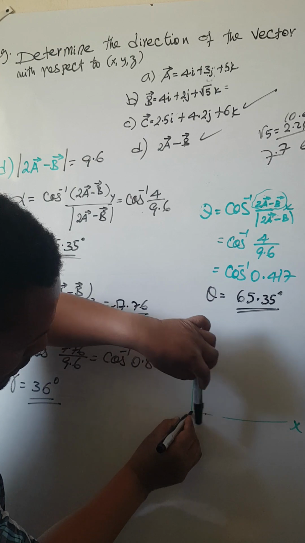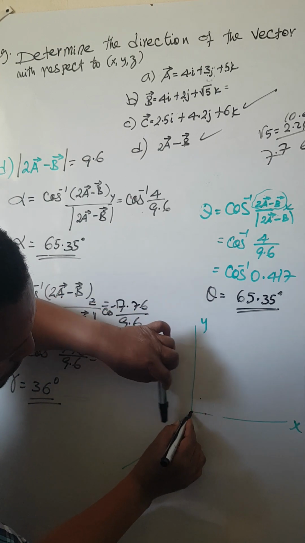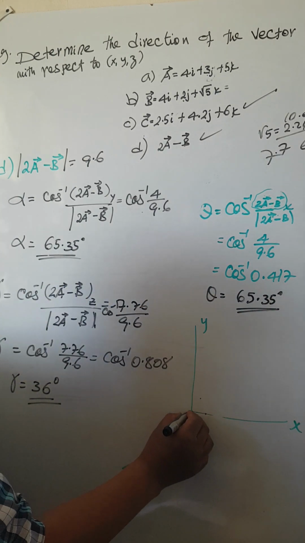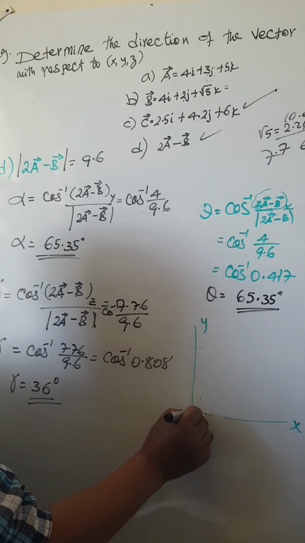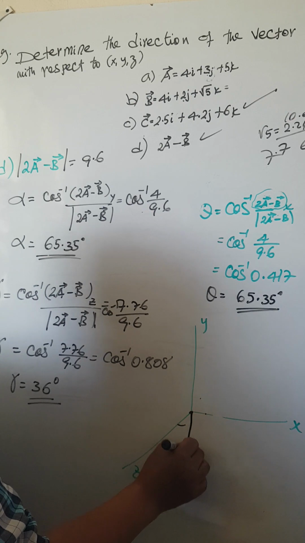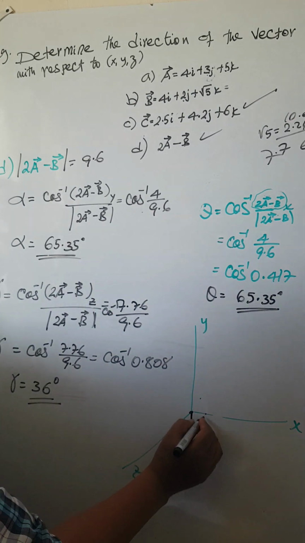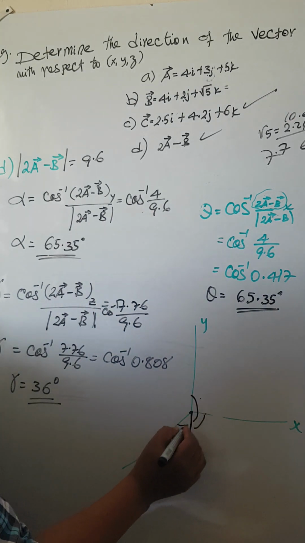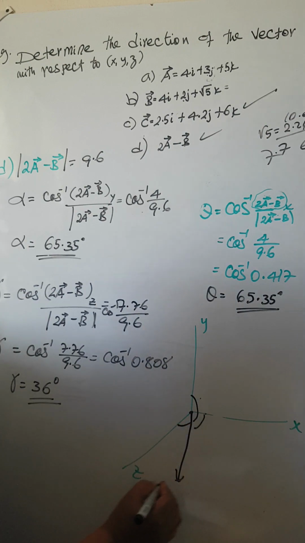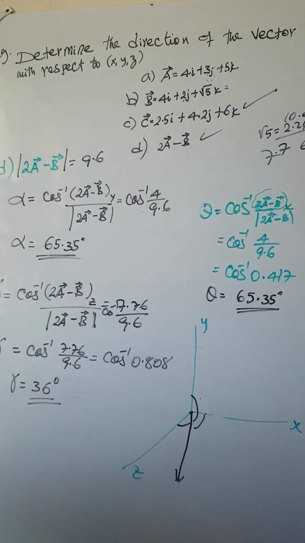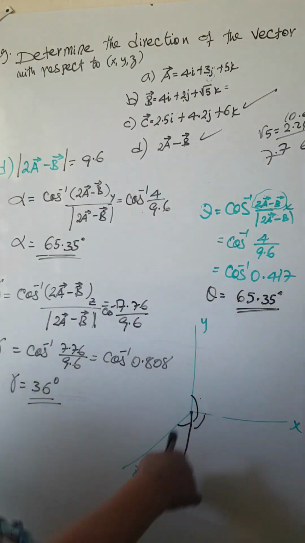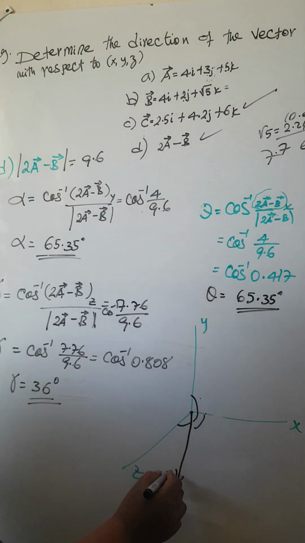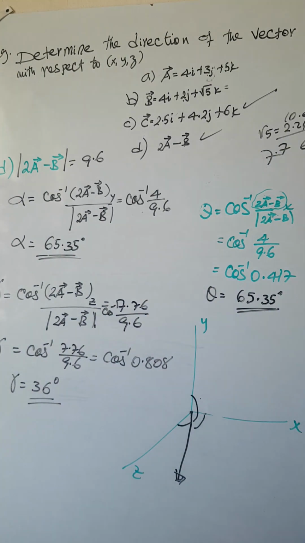So the possible way to draw this resultant vector is this.